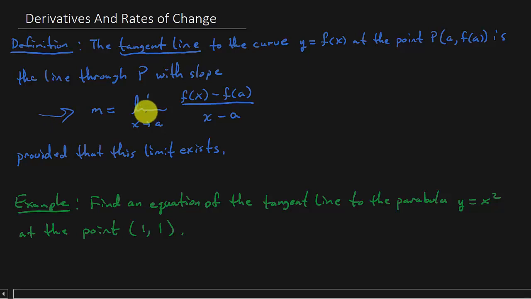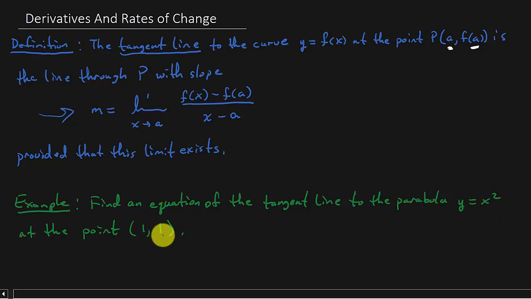So we've got the limit of f of x, which in this case is x squared, minus f of a. Now remember, here's your a and f of a. That's your point coordinate. A is your x coordinate, f of a is your y coordinate, which makes sense because f of a is just taking this x coordinate, 1, plugging it in for x, and 1 squared is 1, which gives you your y coordinate.